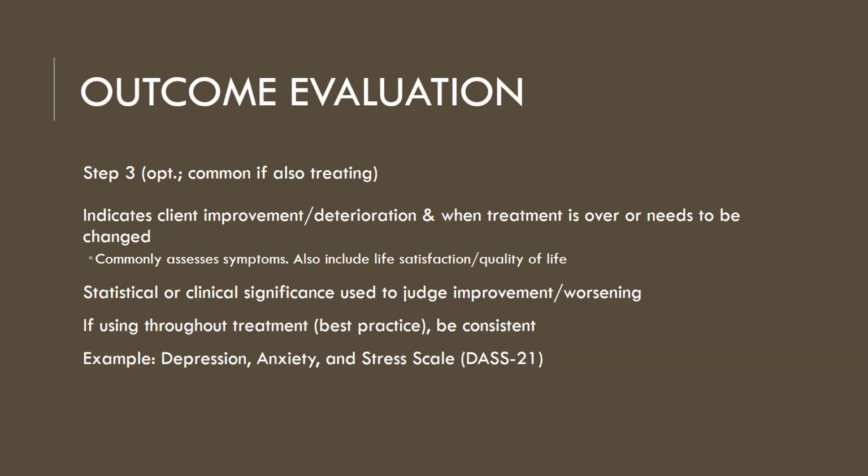So let's say we're working with someone who has major depression, and we're using a depression measure, something like the Depression, Anxiety, and Stress Scale or the Beck Depression Inventory. We might reference what's considered high, what's considered low, what's considered normal on that measure, and we might consider the person to be improved when they move from one category of severity to another. So when a person moves from a very high level of depression according to that measure to a high level, as they move categories, that's statistically significant improvement.